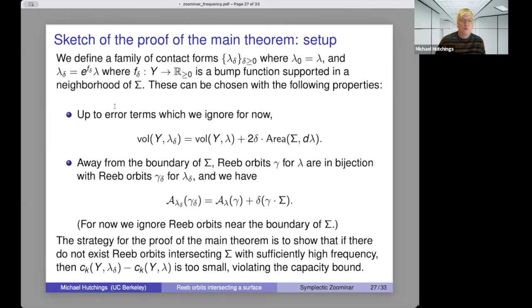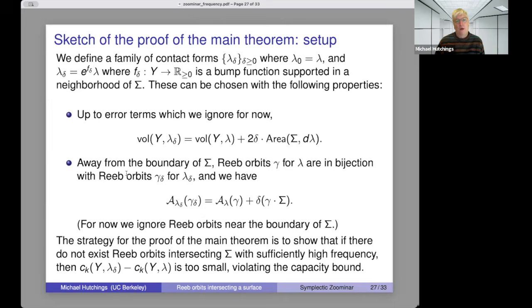So first of all, the volume gets increased. It gets increased by 2 delta times the area of sigma. This is not completely correct because I have to cut off my bump function near the boundary of sigma. So it's actually slightly less than this, but I'm going to ignore that because this is just a sketch.